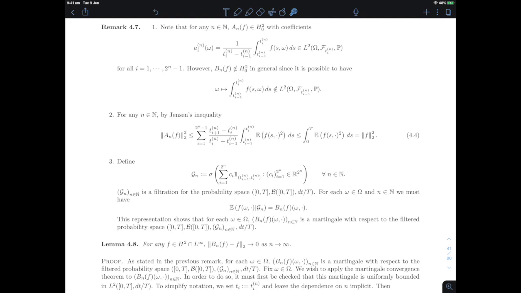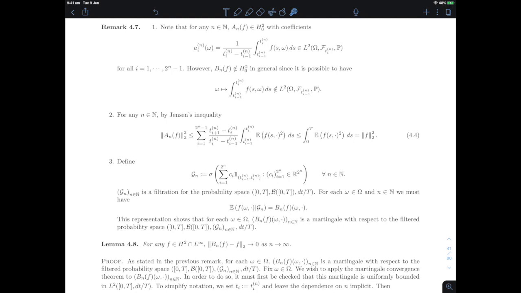This is a finitely generated sigma algebra, and we've seen early in the course what the conditional expectation with respect to a finitely generated sigma algebra looks like. Well, it's what you think it is, namely you construct your coefficient by averaging your process on the appropriate intervals. That's good news, because that's going to be very helpful in showing convergence of the Bn approximation.